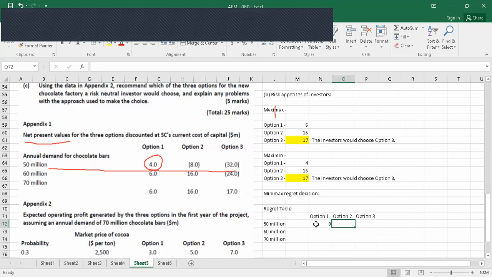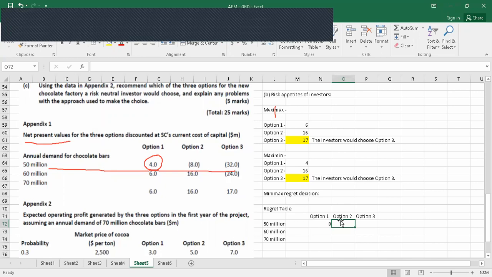But let's say they have taken a decision of going with option 2 and demand is 50 million. So what is their regret? Anyway, the loss is 8, and they have also foregone the benefit of earning 4. So 8 is the loss and the opportunity cost is 4.